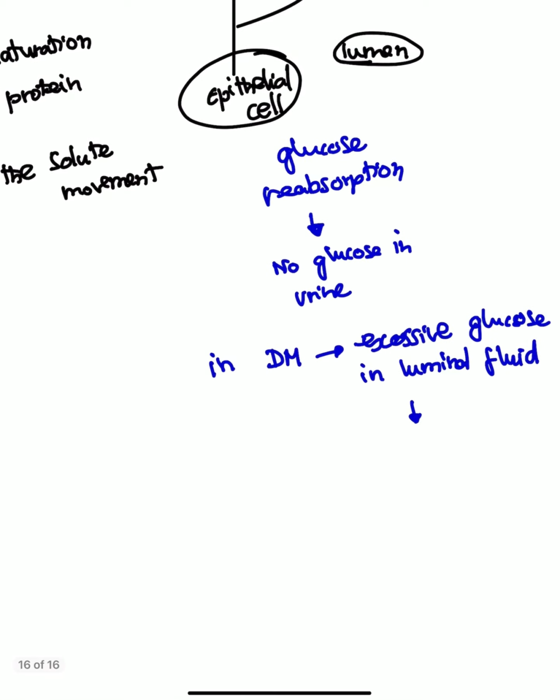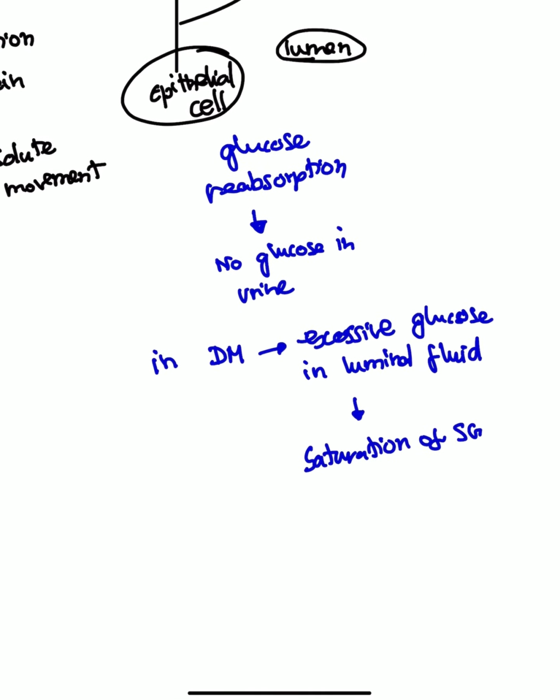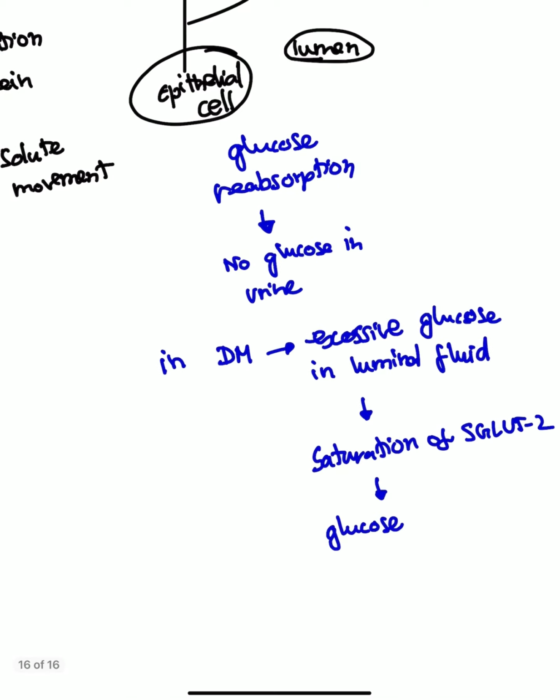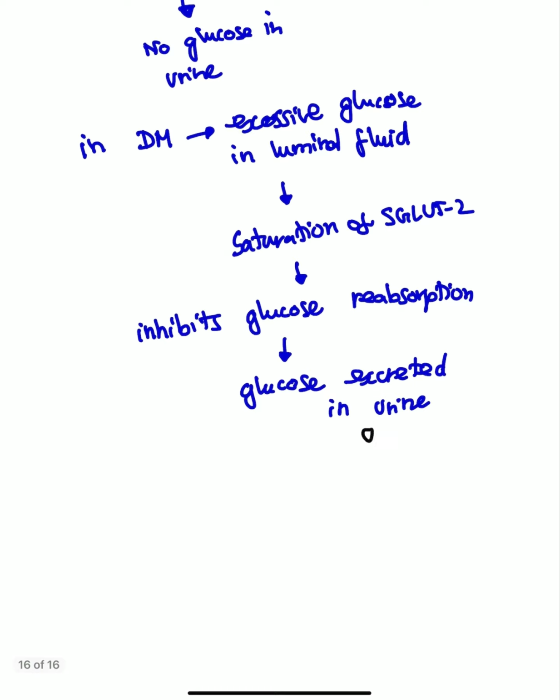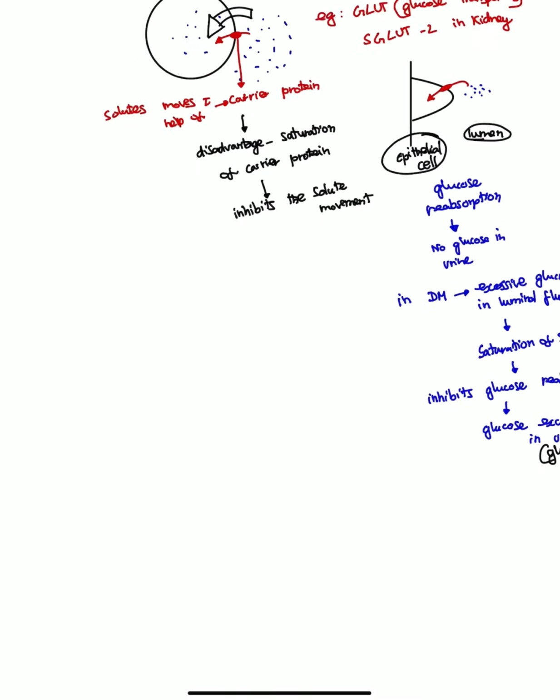So in that case, when the carrier protein SGLT2 is saturated, the glucose cannot be reabsorbed. So this excess glucose is going to be excreted in the urine. So that would lead to presence of glucose in the urine, and that is called glucosuria. This is seen in diabetes mellitus, and one important thing is the saturation of carrier protein SGLT2 in this condition.